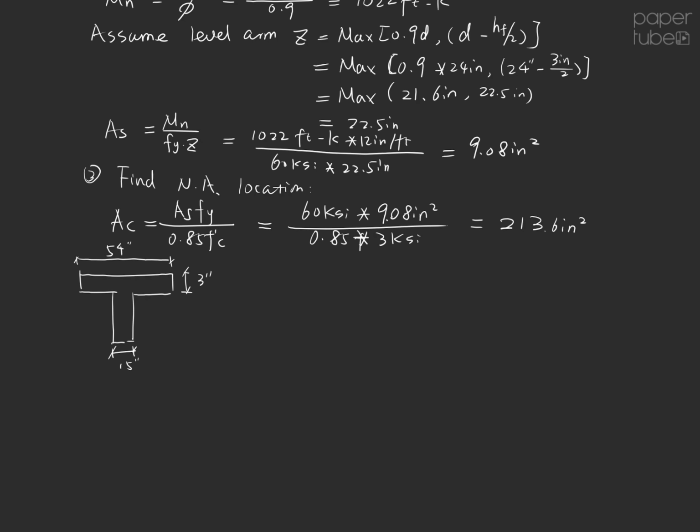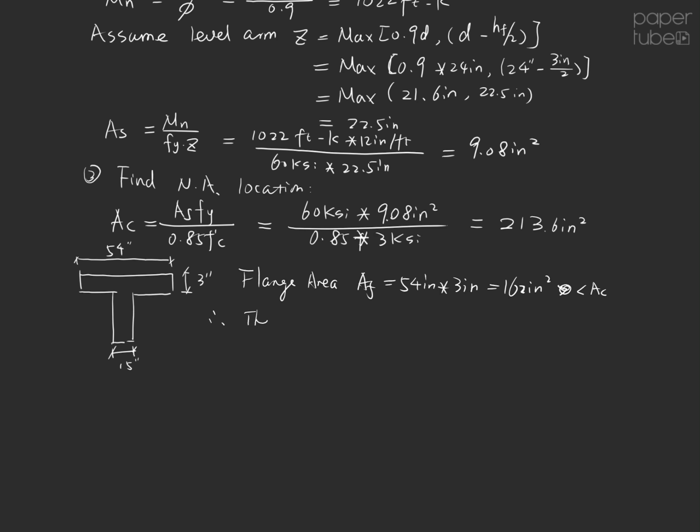Is our Whitney stress block located within the flange or the web? The web. Why is the web? Exactly. So the flange area AF is equal to 54 inch times 3. That is 162 inches squared, which is smaller than AC.